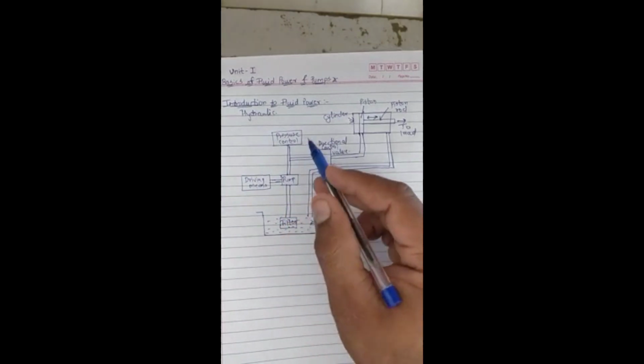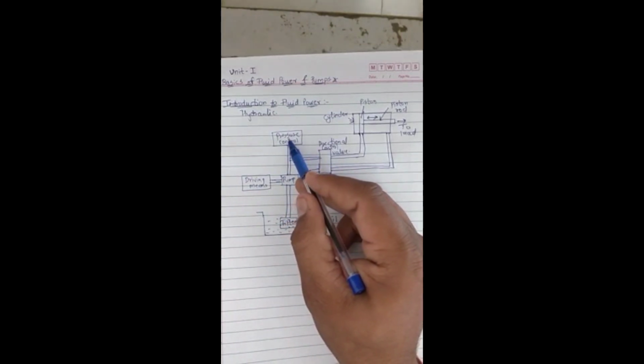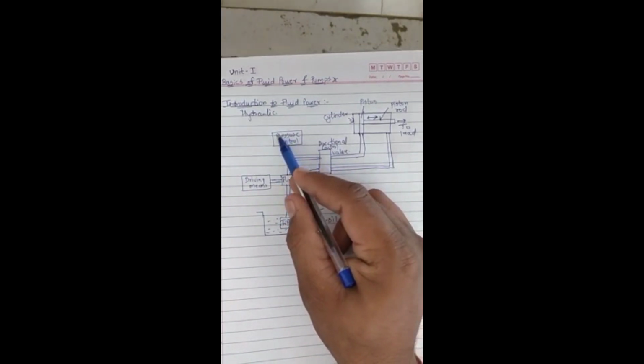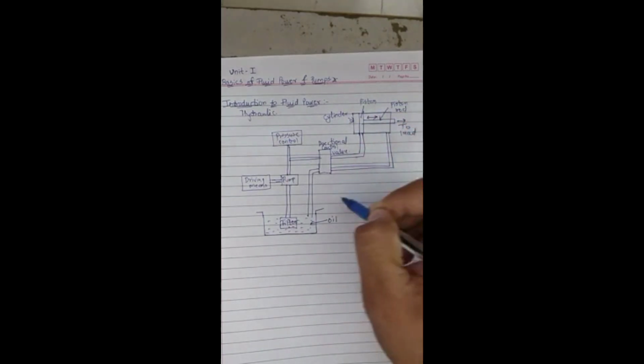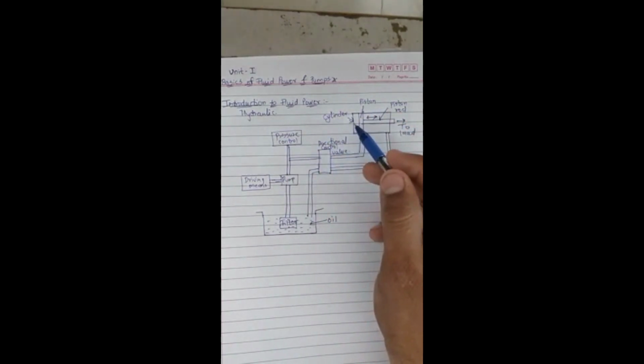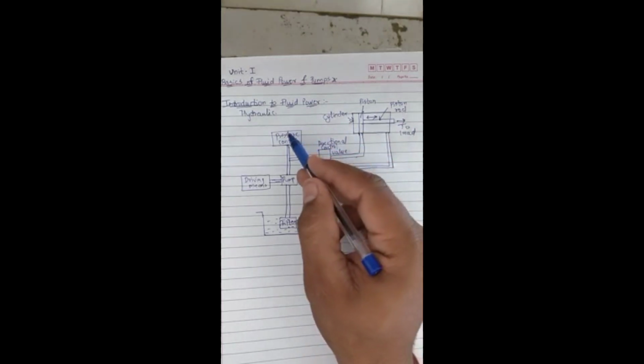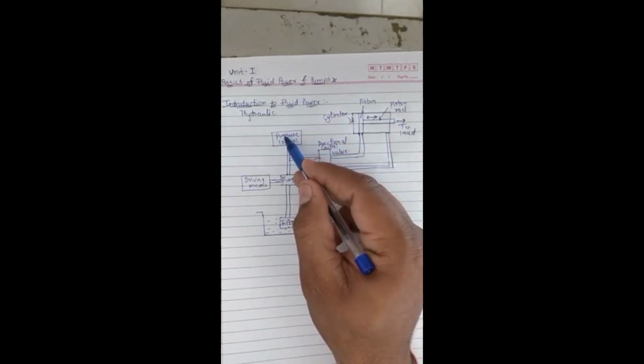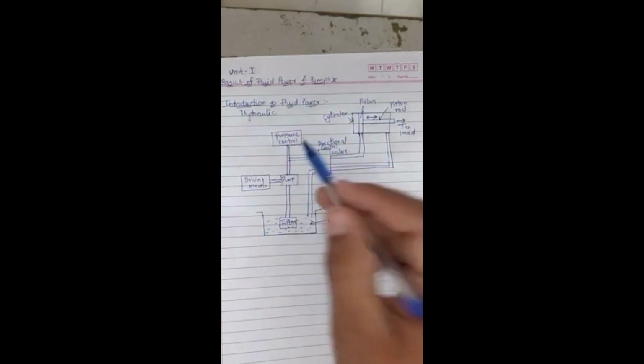Then this is a pressure control, which means the excess pressure in the piston cylinder assembly system will be removed in the pressure control valve.